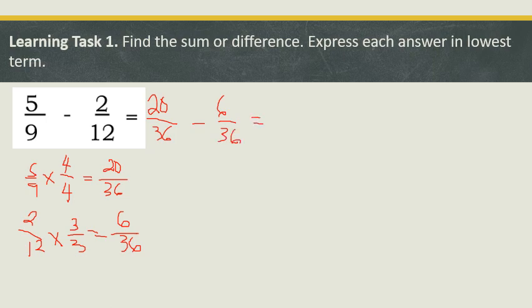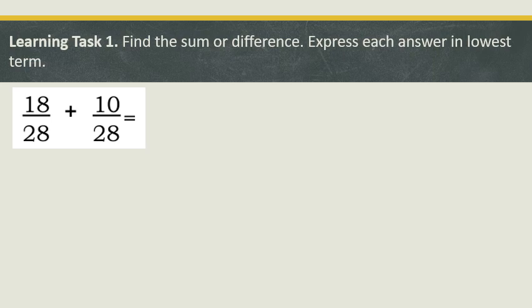So, since sila ay pareho na ng denominator, so ang denominator natin is 36. Then, 20 minus 6 ay 14. So, pwede po silang i-divide sa 2. So, 14 divided by 2 is 7. 36 divided by 2 is 18. So, ito na po ang ating magiging final answer.